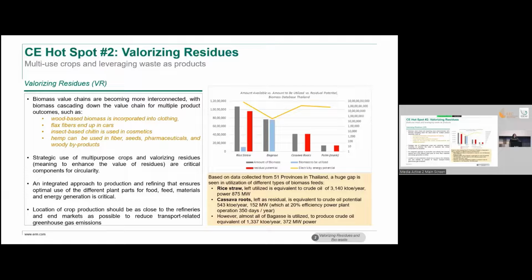So across the world, the bio-based residues are already used for second generation fuel production, and alternatively, they're also used for other industries. And hence, this particular hotspot is very important and crucial for Thailand in context of the increasing biofuel demand, as well as the pressure on land use from the primary crops.